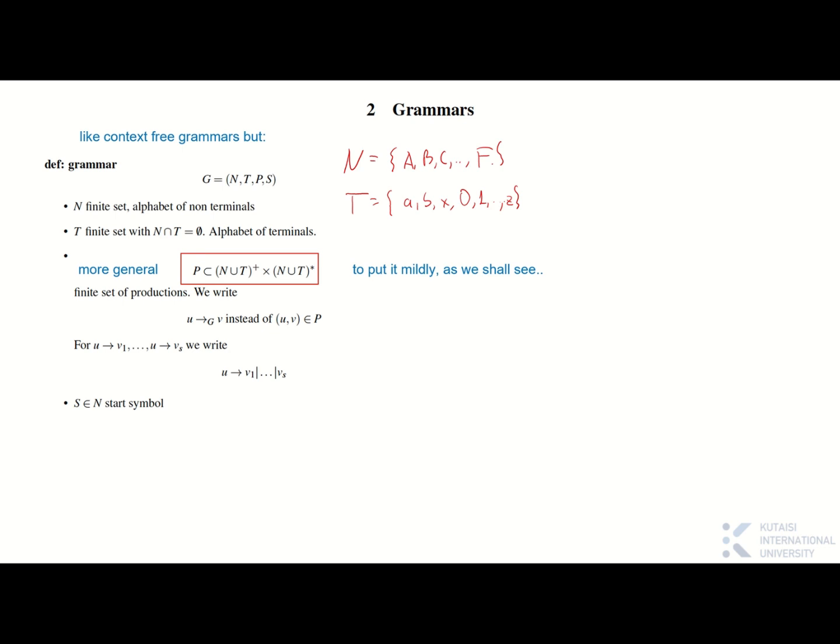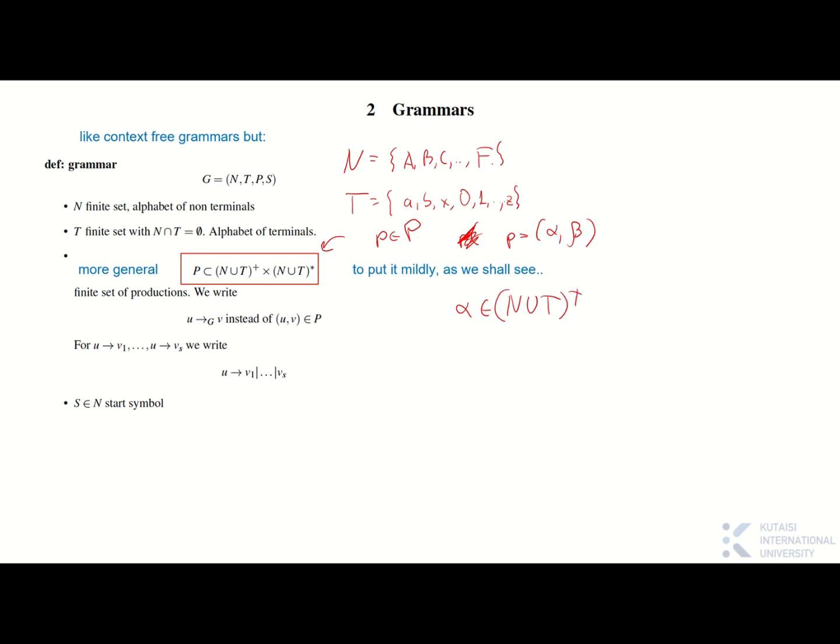And then we have production rules. Most generally, a production is whatever is circled here. If P small is a production, if you look at this definition, this means that it's a pair. I have no erasing function here. So it's a pair alpha, beta, where alpha is in (N union T) plus.